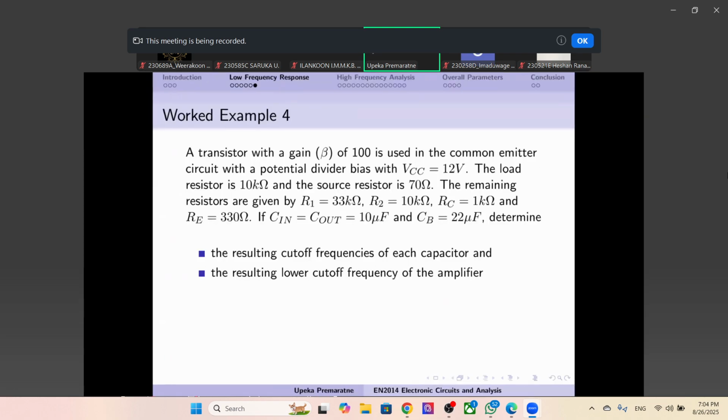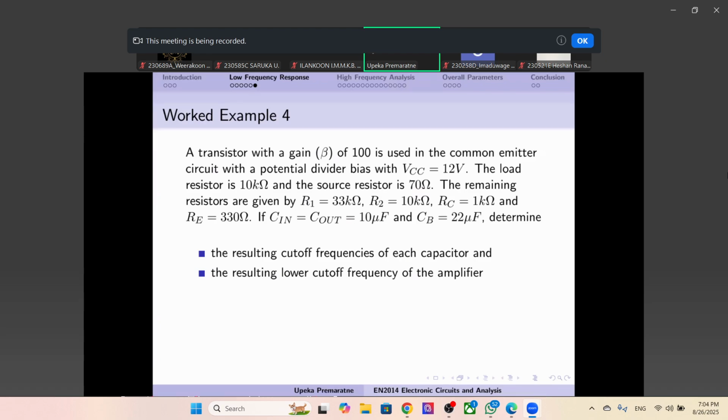So we're talking about the values of worked example 4. Now we are going to use these values. Previously we found the high pass cutoff frequencies due to the bypass and blocking capacitors.